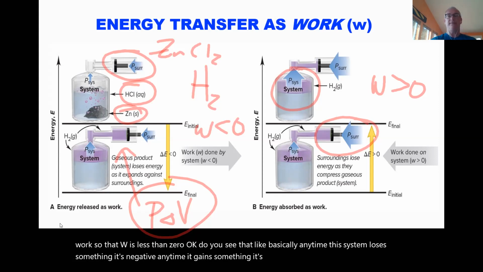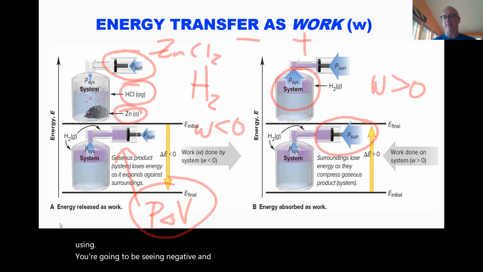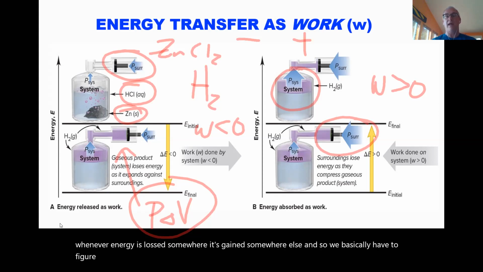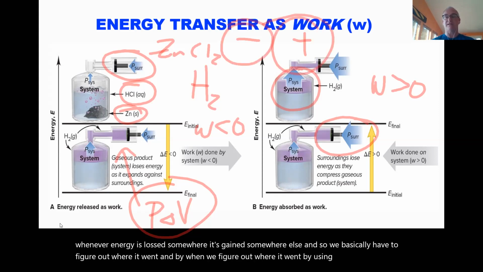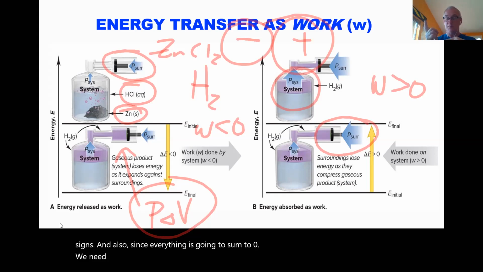Because you're going to be seeing negative and positive signs all the time in this chapter, because whenever energy is lost somewhere, it's gained somewhere else. And so we basically have to figure out where it went, and we figure out where it went by using minus signs and plus signs. And also, since everything is going to sum to 0, we need to know who's negative and who's positive to see if we can add these things together.